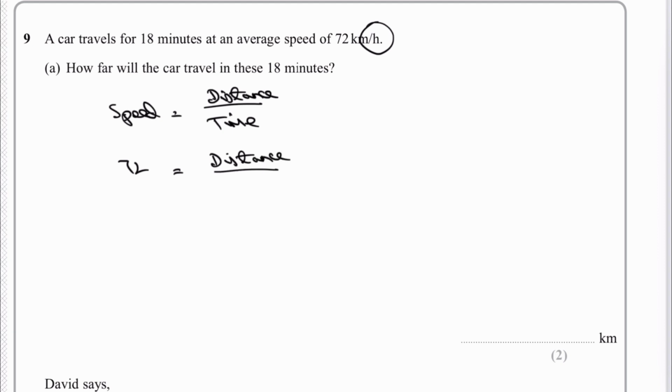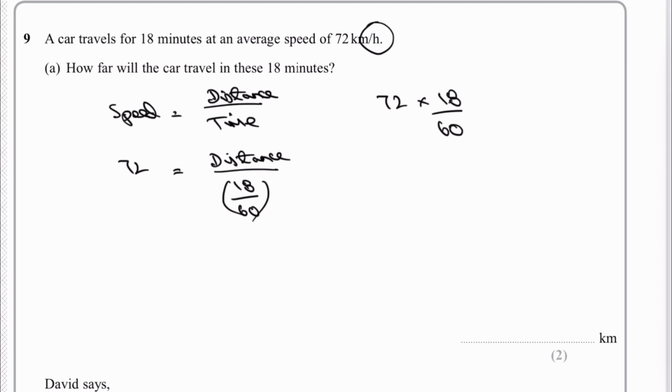The easiest way, I think, is using a calculator, but basically it's 18 out of 60 minutes, and that will give you the part of the hour that you want. So my calculation is going to be 72 multiplied by 18 over 60, because don't forget, when we're dividing by fractions we multiply and flip, and that will give us our distance.